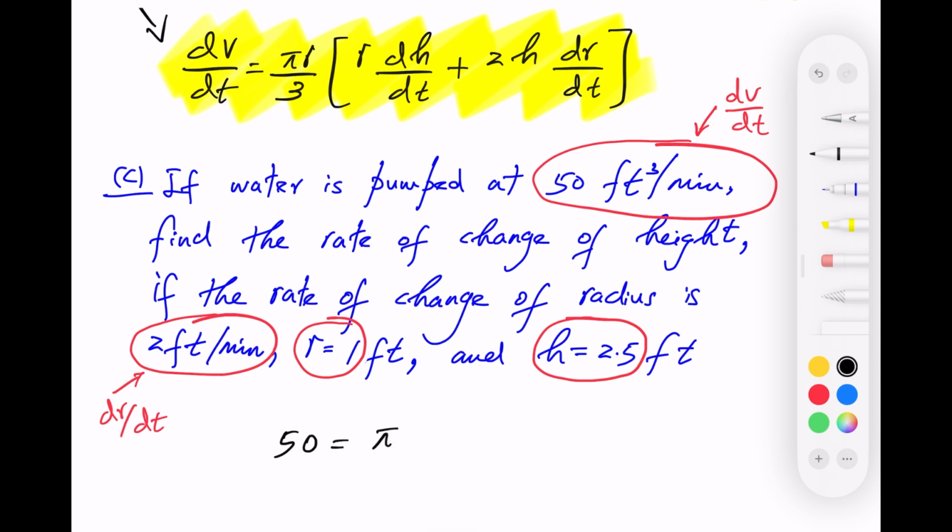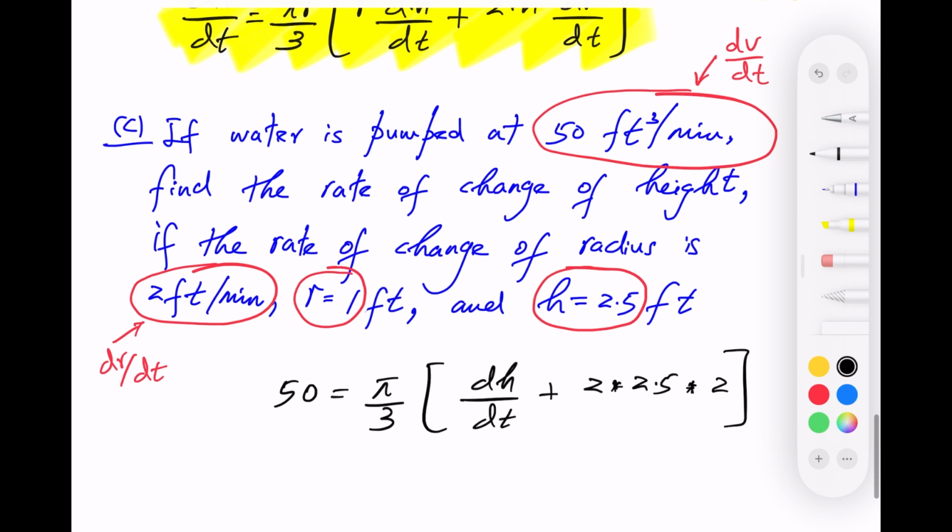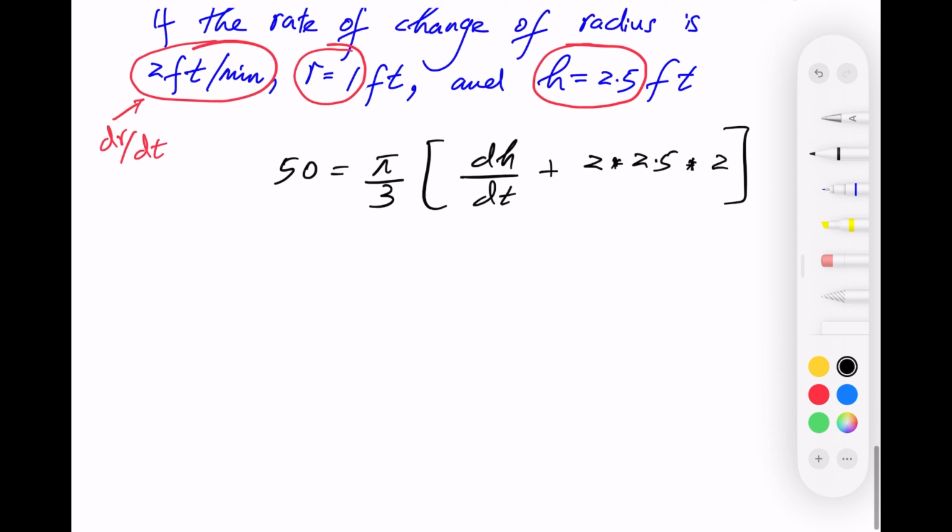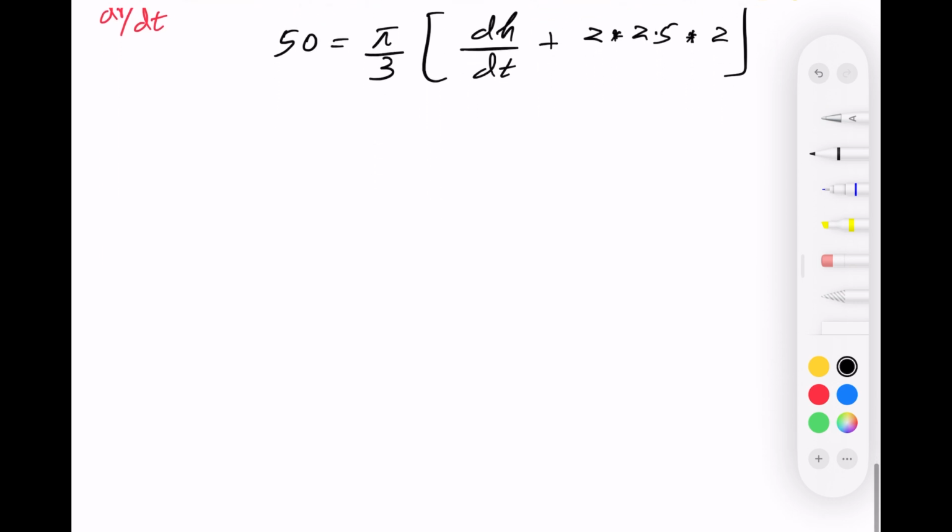Pi times the radius, which is given as 1, over 3. Brackets r times, which is just 1, times dh by dt plus 2 times h, which is 2.5, times dr by dt, which is equal to 2. Close brackets. You simply have to solve this equation and make dh by dt the subject.